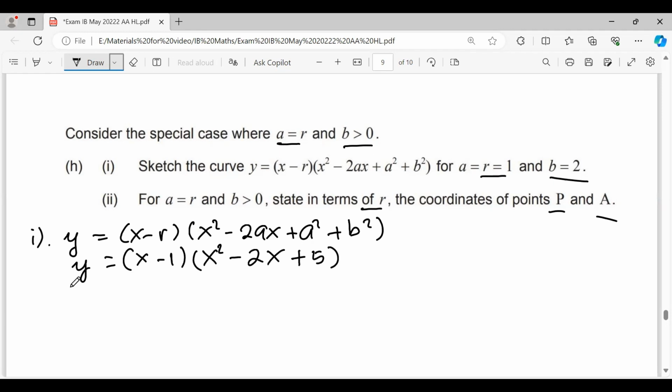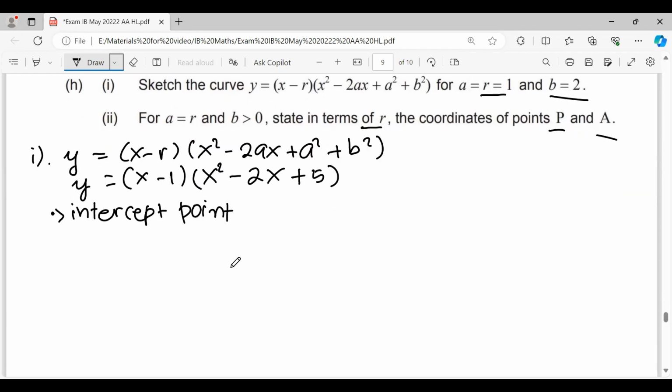So the intercept point at the x-axis happens when y equals 0.